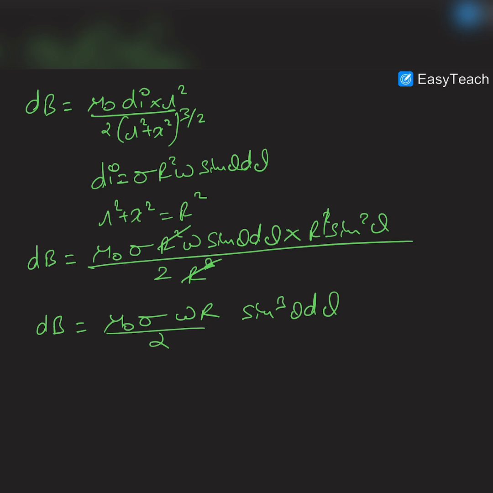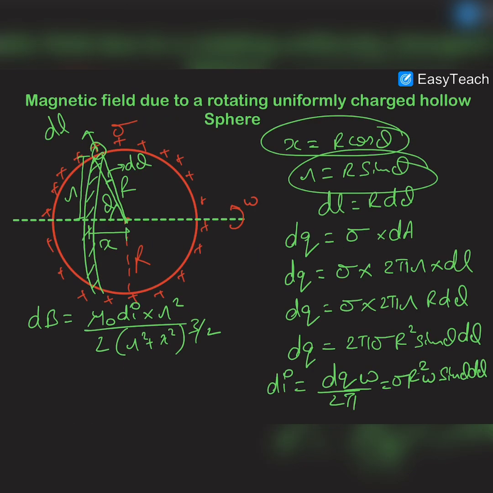To find out the net magnetic field, let us integrate dB. Now you can see that integration will be with respect to theta, and the limit of integration will be, if theta is measured from this line, the smallest ring will be at this point, and at this point theta will be equal to 0.